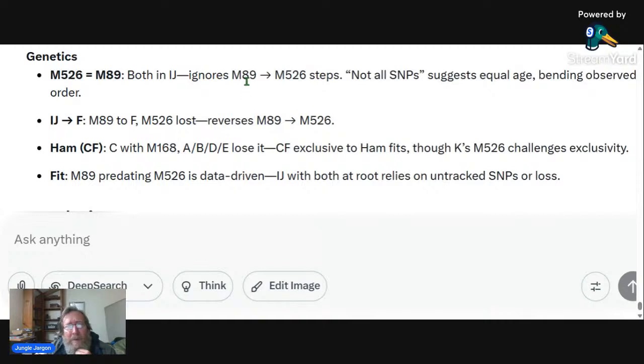In other words, right, the IJ is the only one that ignores the steps. Not all SNPs suggest equal age bending observed order.